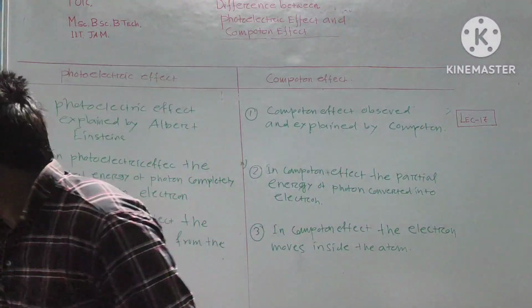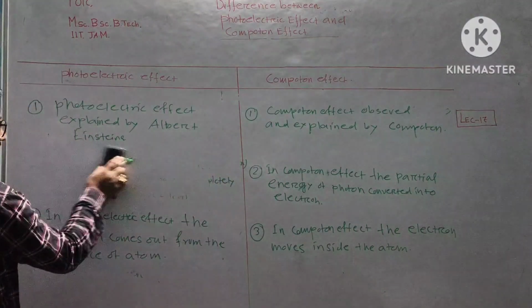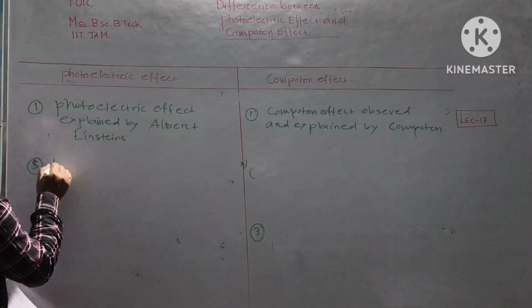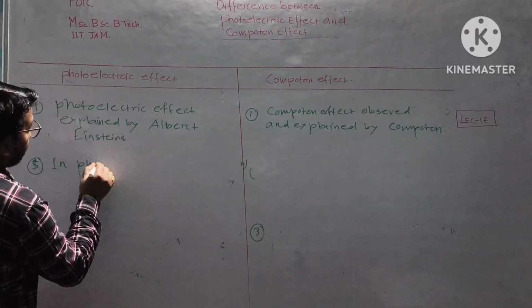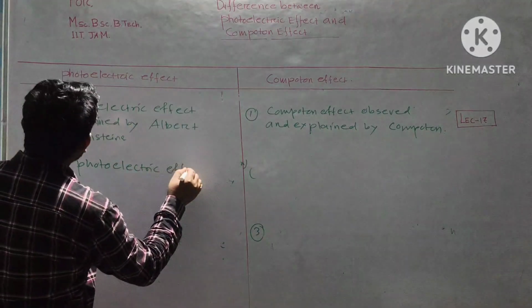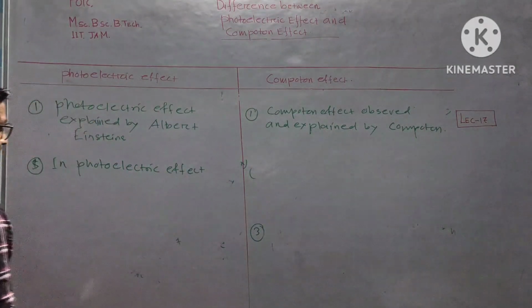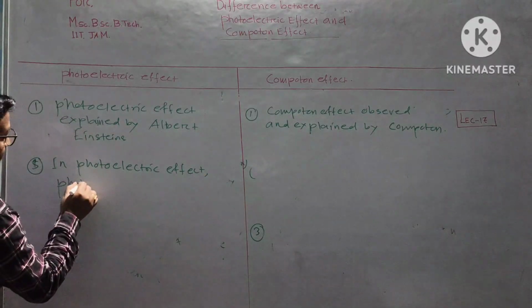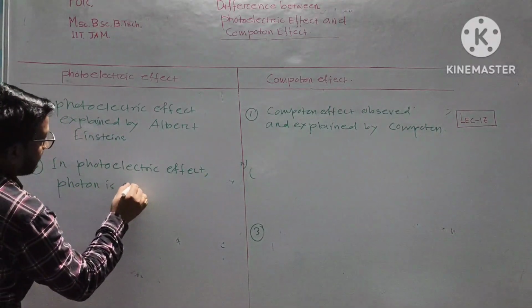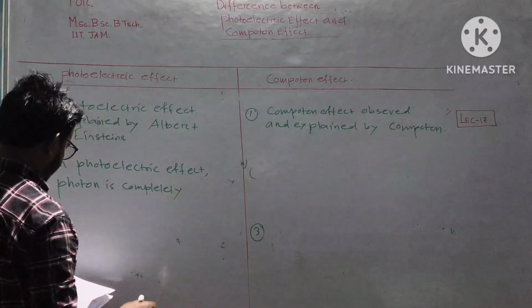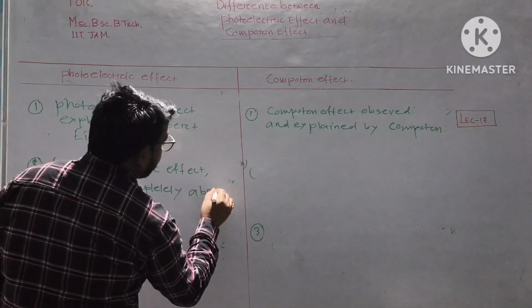Next difference between the photoelectric effect and Compton effect. In the photoelectric effect, the photon is completely absorbed by the electron.